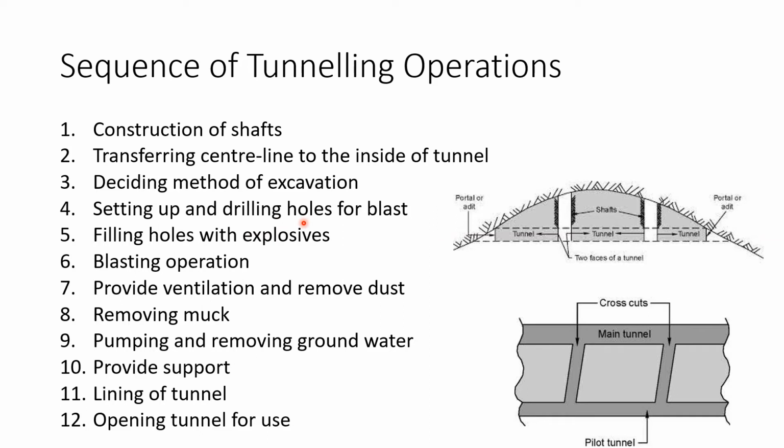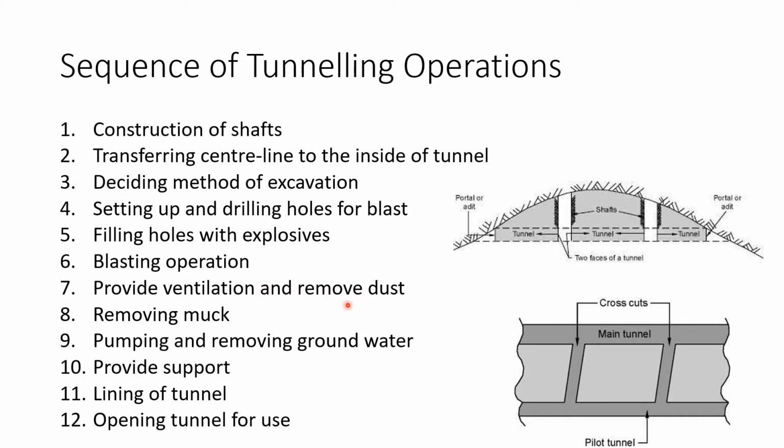Once these holes are set up, explosives are to be placed inside these holes, and then it is blasted. So the sixth operation is the blasting operation. Once blasting is done, a lot of dust is created.